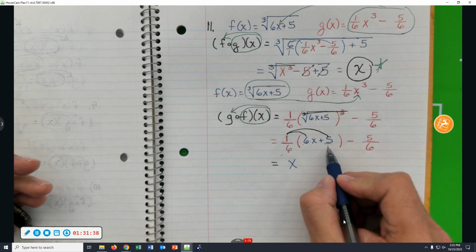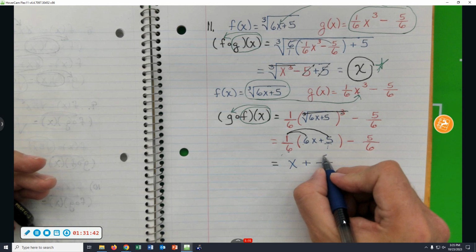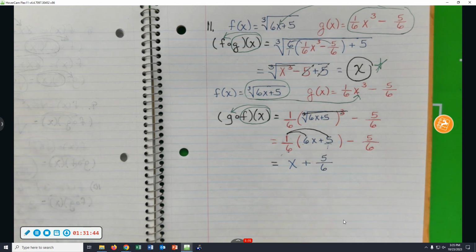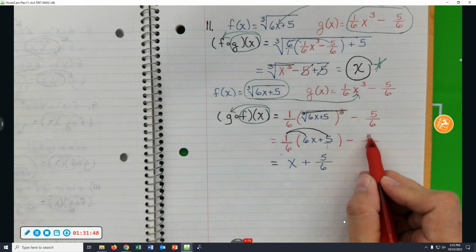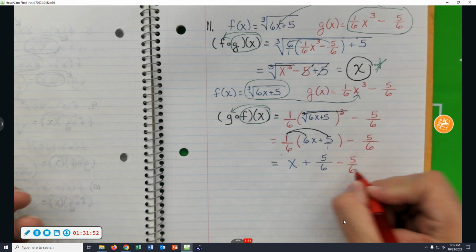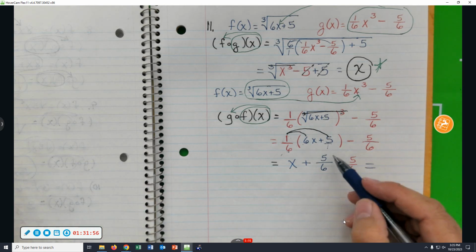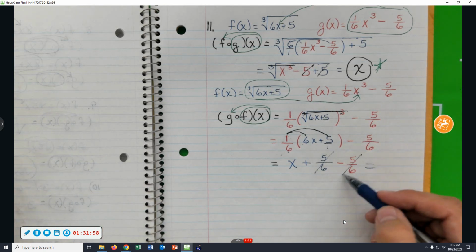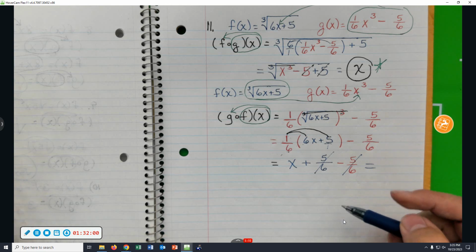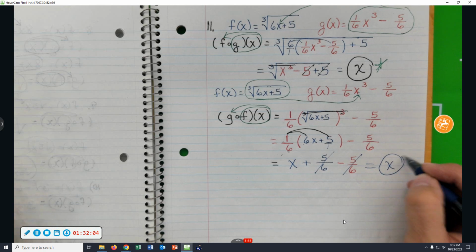What does that give us? Plus 5/6. And what have we still got stuck on there? A minus 5/6. And 5/6 minus 5/6, that's gone, leaving us just the x.